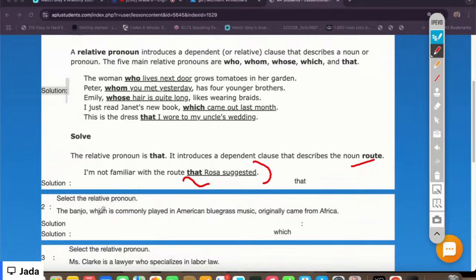So we have this one also. The banjo, which is commonly played in American bluegrass music, originally came from Africa. So what is the relative pronoun here? We have which. Okay.